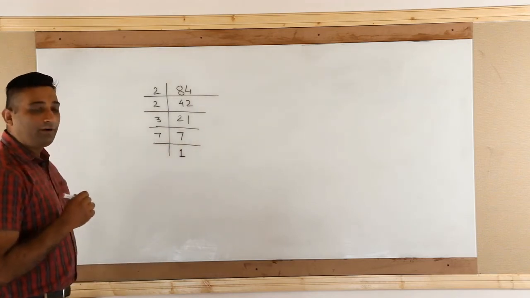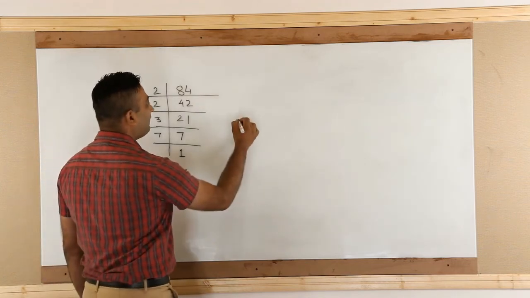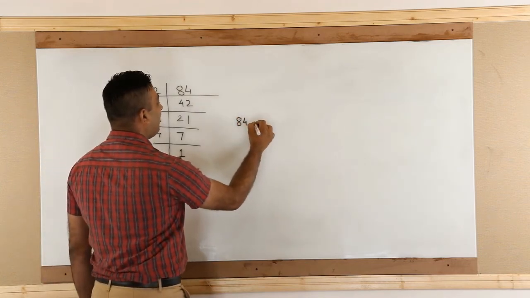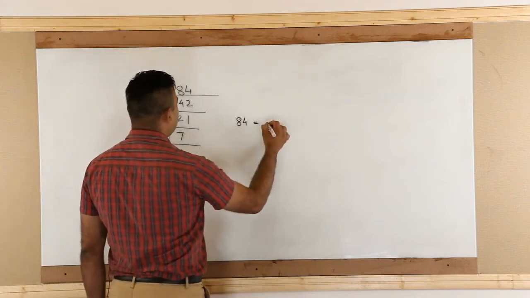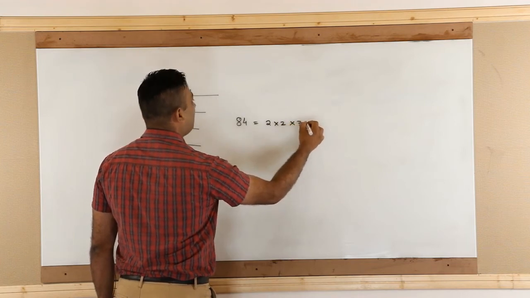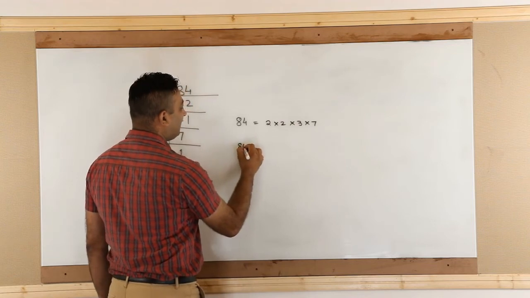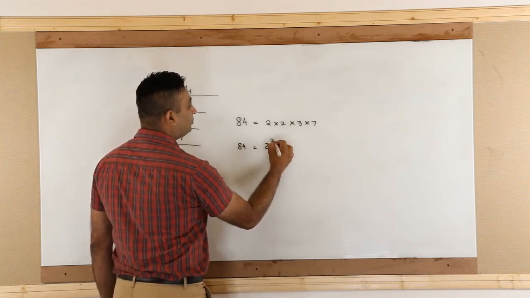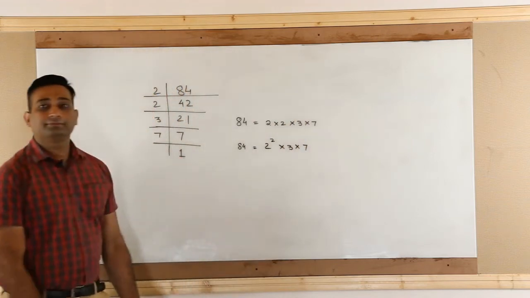So we found the prime factorization of 84. We can write that 84 can be expressed as the product of its primes as 2 multiplied by 2 multiplied by 3 multiplied by 7. So we can also write this as 84 is equal to 2 square into 3 into 7.